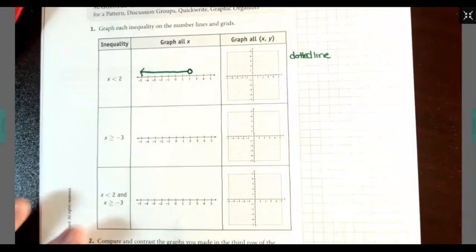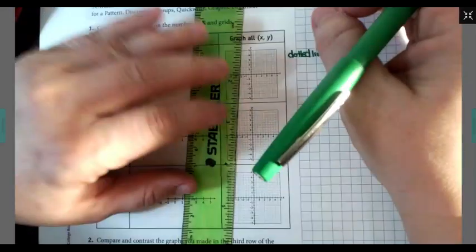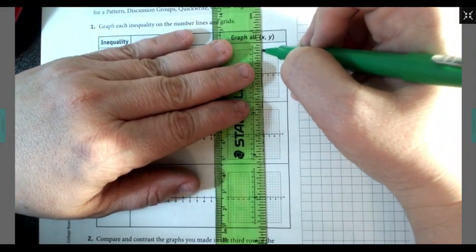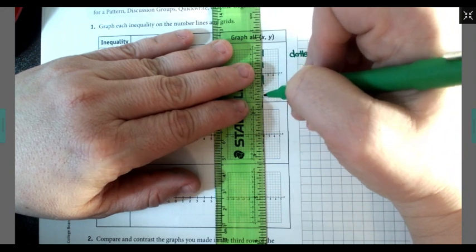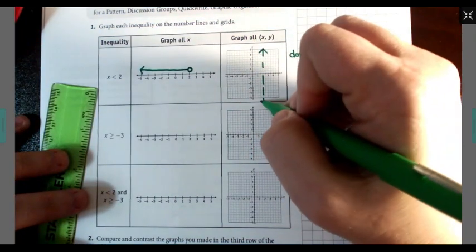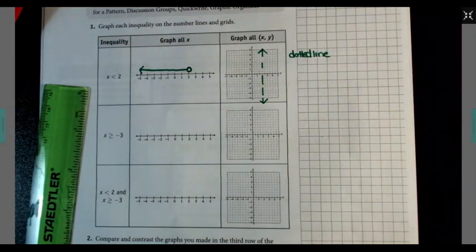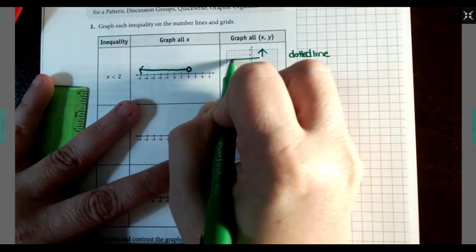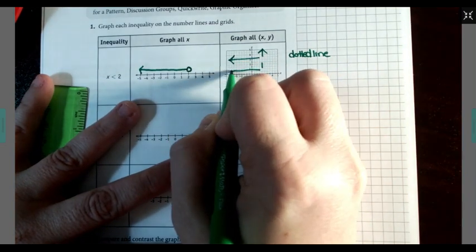So we're going to have a dotted or dashed line at 2. And it is going to include all the ordered pairs that are smaller than. So that would be everything to this side of the line.